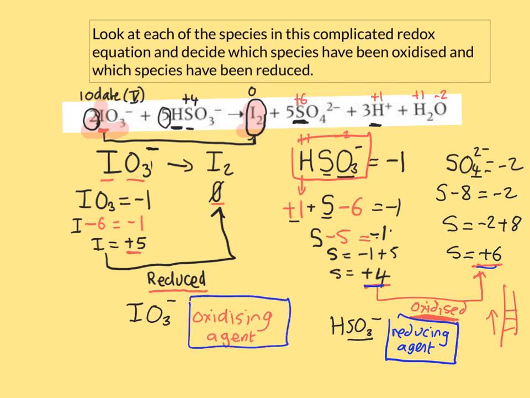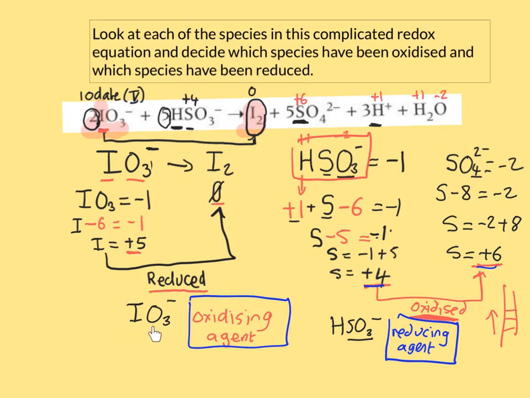And we've worked this out by looking at oxidation numbers. Notice in the equation also that the hydrogen atoms haven't changed their oxidation states, nor have the oxygen atoms either. So the agents always appear on this side of the equation.